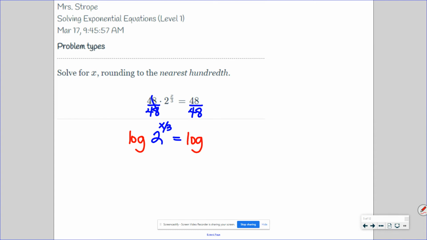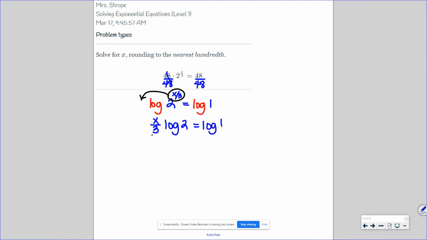I'm going to put a log right here in front of my 1. And applying that logarithm allows me to take my power and move it to the front. So what do I have? I have x over 3 log 2 equals log 1. What you'd want to do next is probably get rid of log 2 so that you can get closer to the x variable.